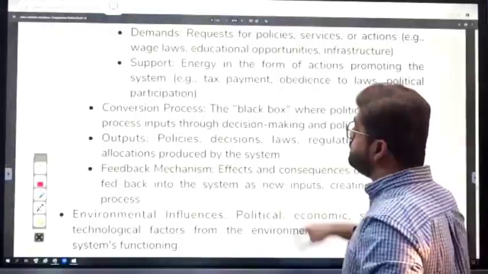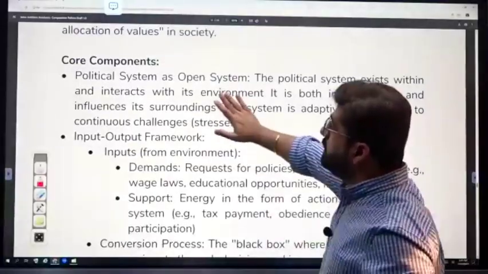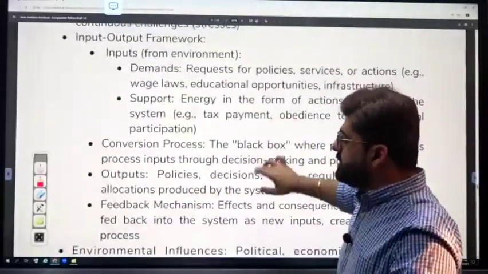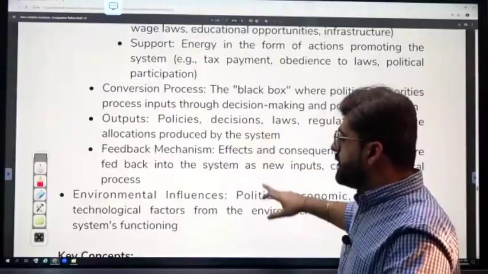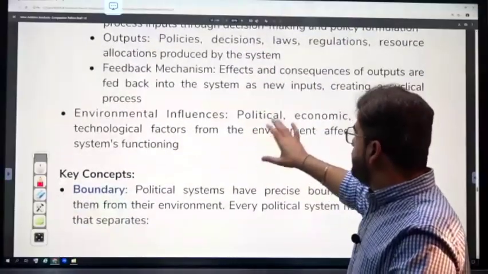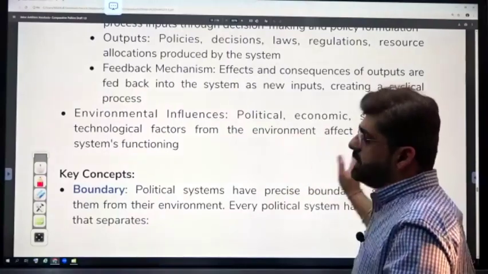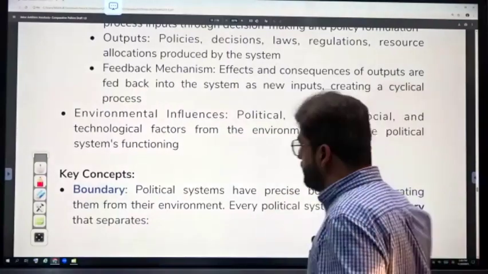So first is, core components include a political system, input-output framework, which includes the feedback mechanism, environmental influences: political, economic, social, technological factors from the environment will affect the political system's functioning. What is the meaning of this?